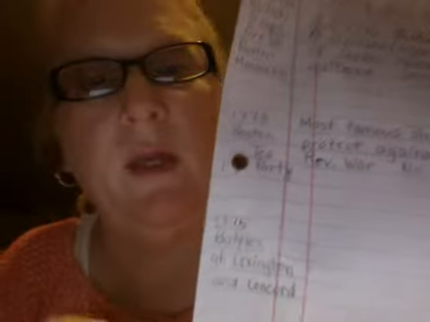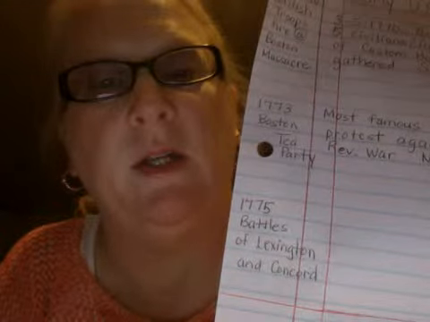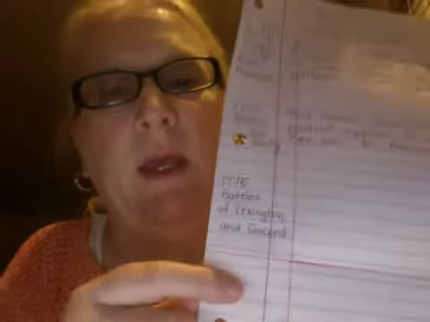My other thing is the battles in 1775 of Lexington and Concord, and then I'm going to need to summarize, which I haven't done yet, but I'm going to put some information in this box about the information here. Now, yes, I could be more detailed.